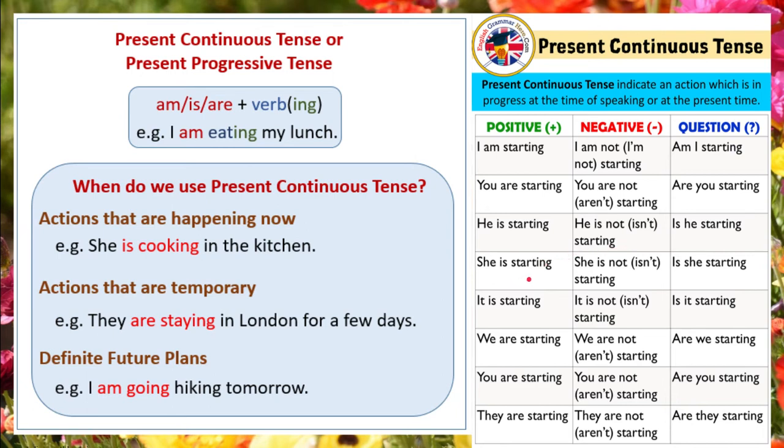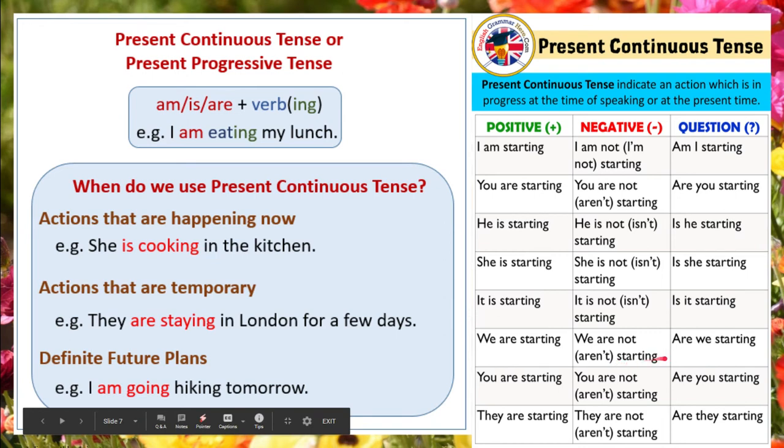She is starting, she is not, or she isn't starting. Is she starting? Is the question. So you have the positive form, the negative form, and the question. It is starting, it is not, or it isn't starting. Is it starting? We are starting, we are not starting, or are we starting?